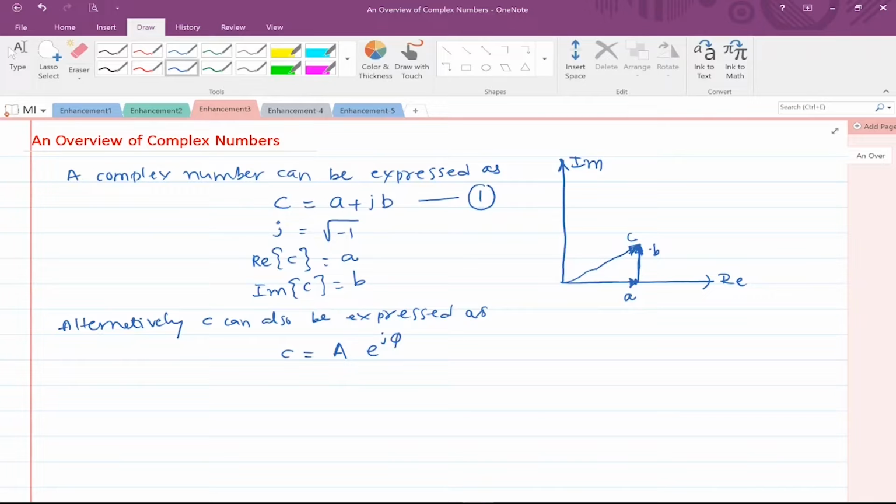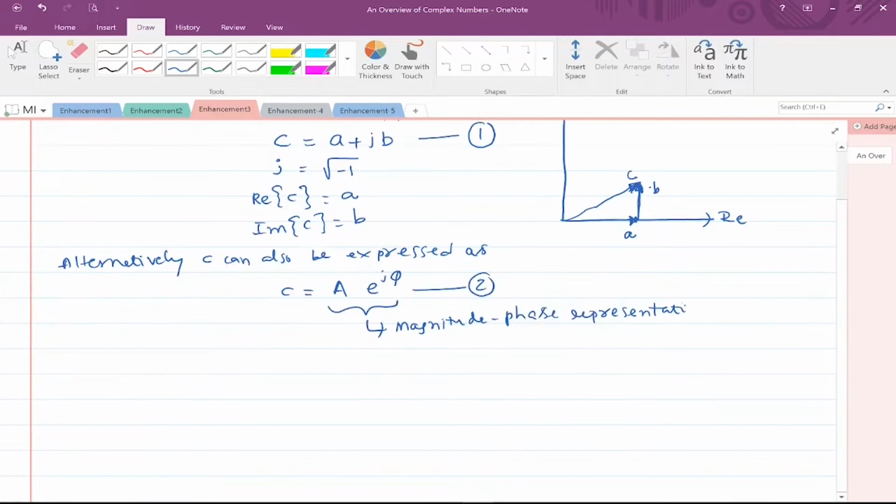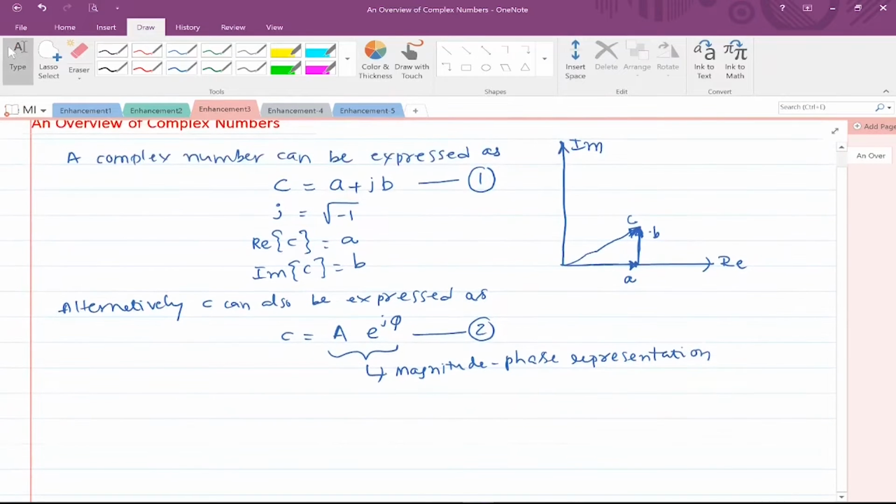This is also referred to as the magnitude phase representation. Let's come back to this diagram. The magnitude of this would be given by A here, and this angle is denoted by phi.